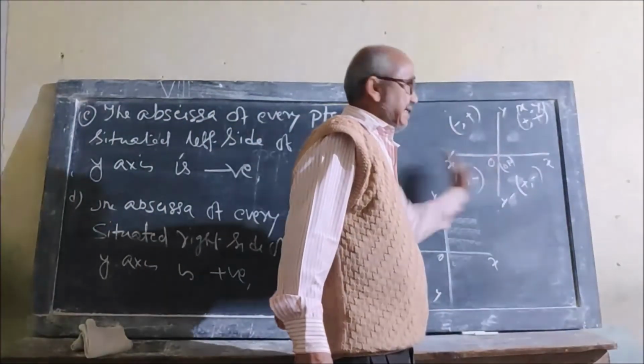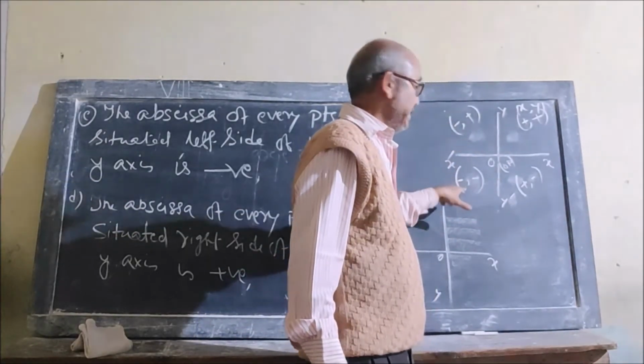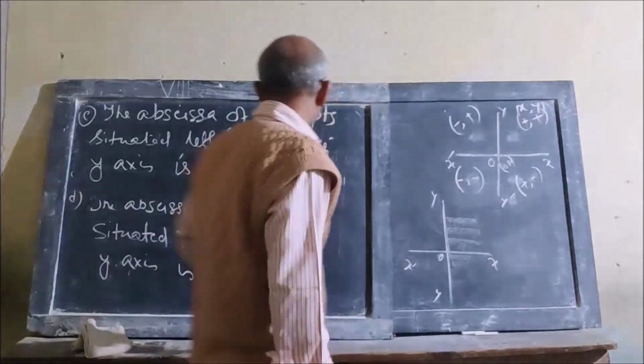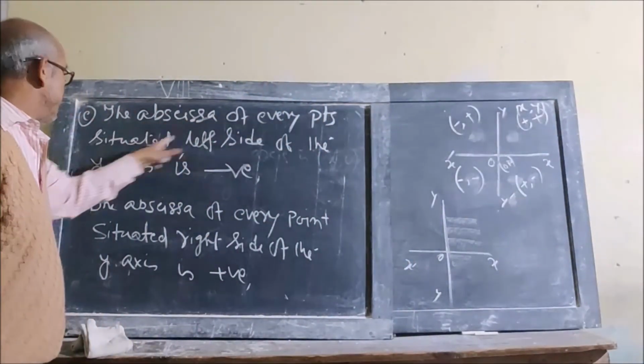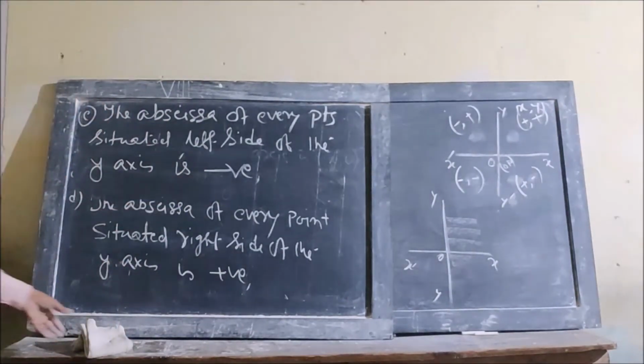It is the negative sign here, here is also negative. So we can say the abscissa of every point situated on the left side of the y-axis is negative.